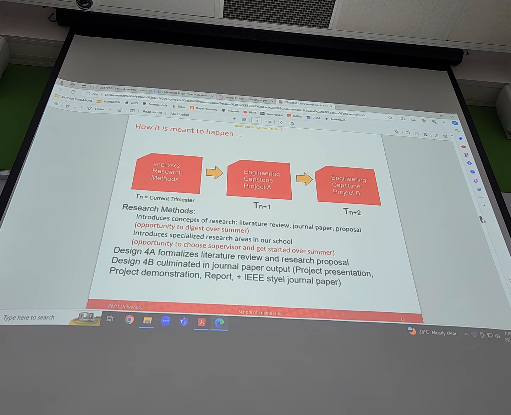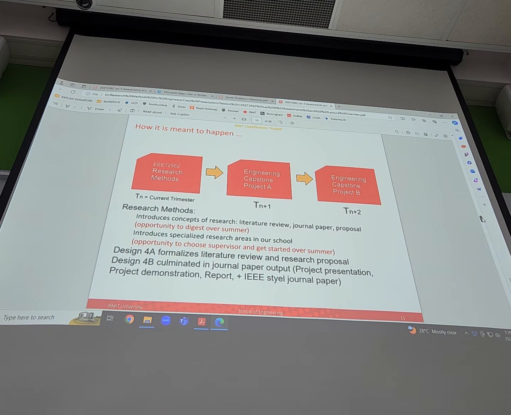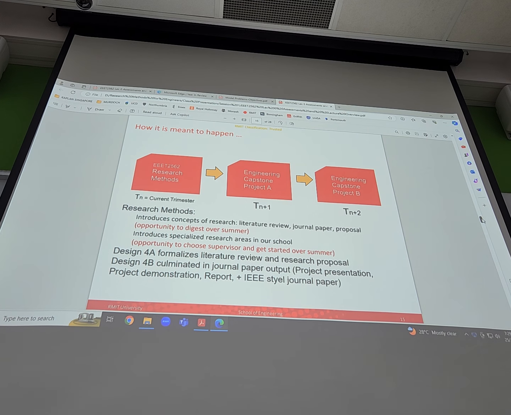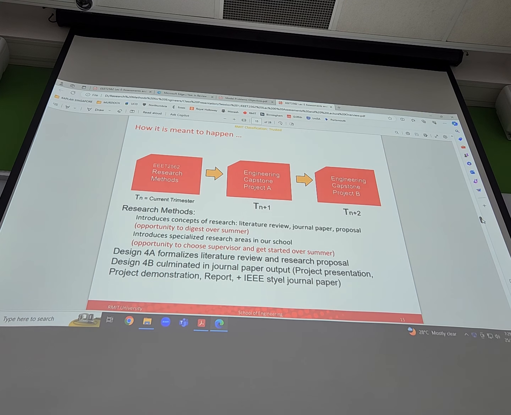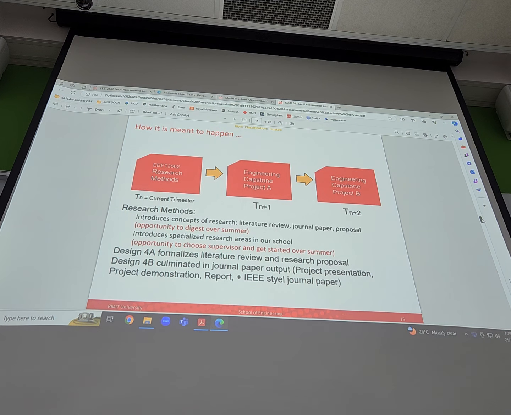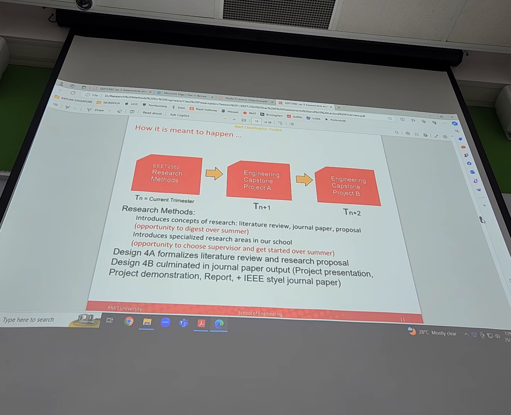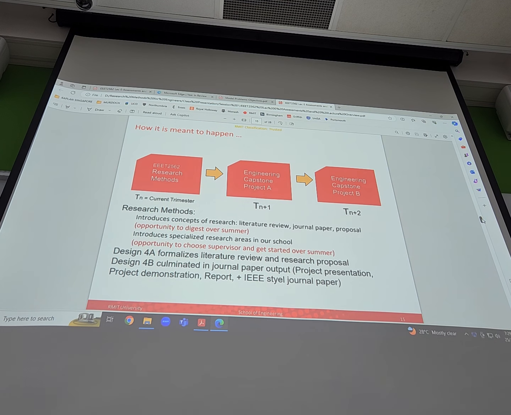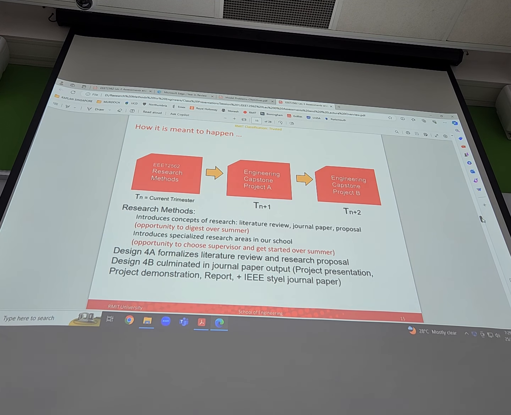After that, when you join the engineering capstone project A, the entire project proposal you are going to solve in 2 terms. In project A you complete some of your project work and continue in project B, and try to complete all your work. So your research proposal comes out under this course.